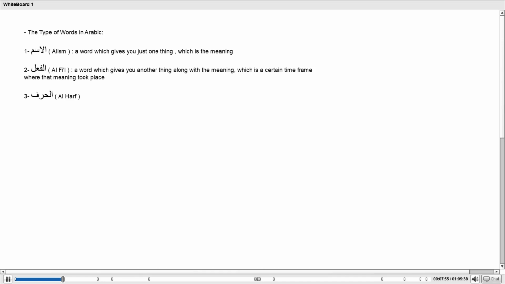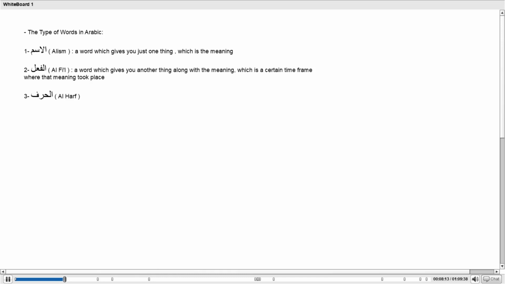Clear? So how many things does the fi'l give you, according to what we have explained? Two. It gives you the meaning, plus it gives you a certain time frame.